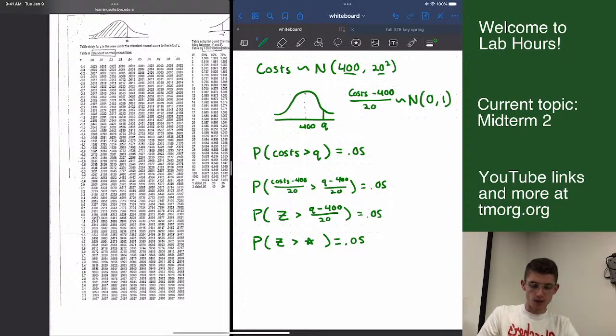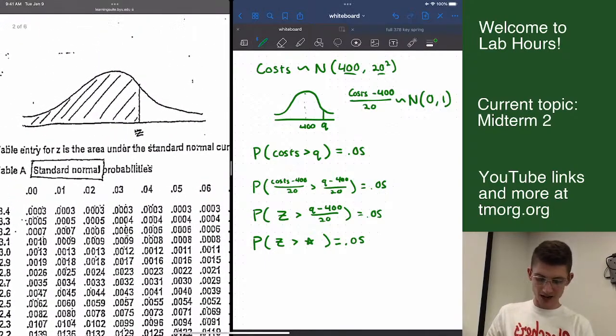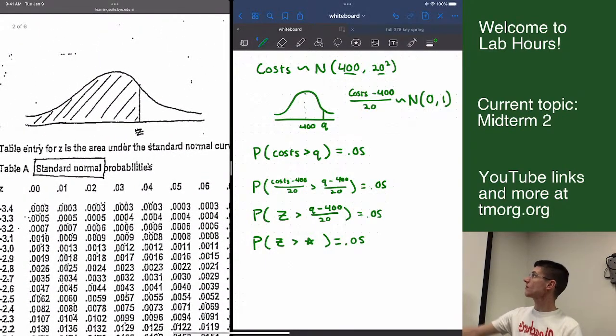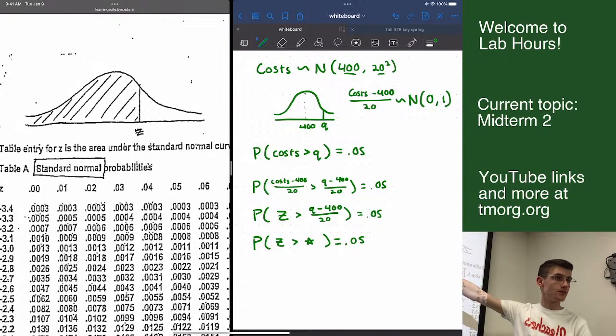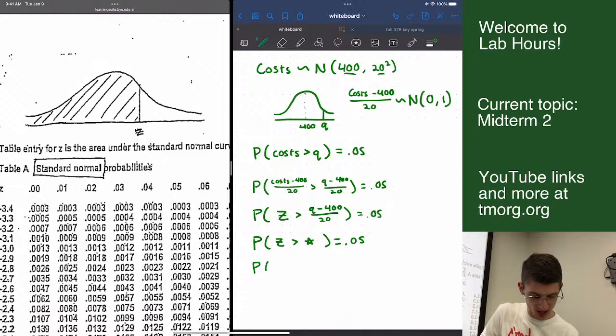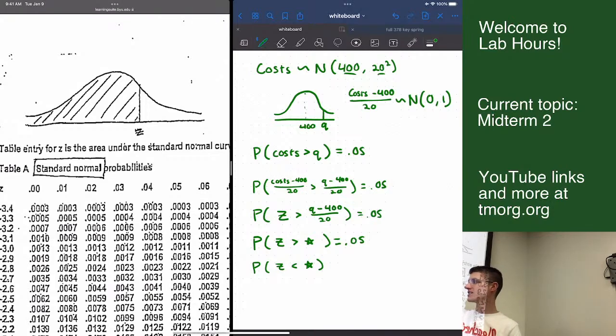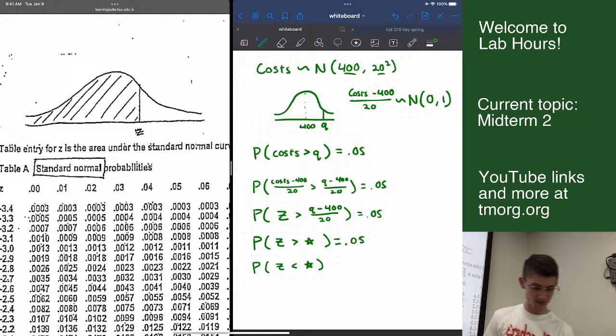See if I can give you one more hint, okay? And I cannot stress this enough. Does the z-table give me probabilities that are greater than a value? No. So the first thing I would have to do, if I want to figure this out, is find the probability that z is less than this value, or that I come in with costs under my budget, 95% of the time. Now, where is that value?